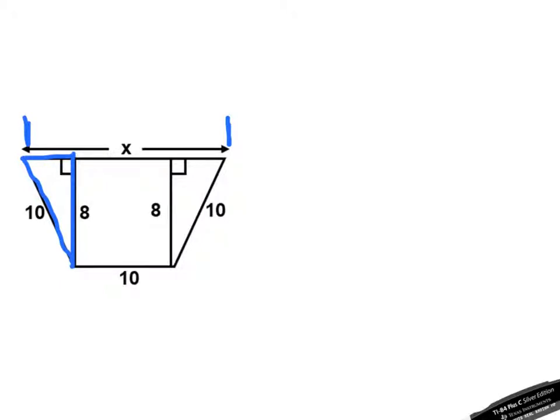We can start by labeling sides A, B, and C. Our Pythagorean theorem is a squared plus b squared equals c squared. We don't know what b is, but we do know what a is.